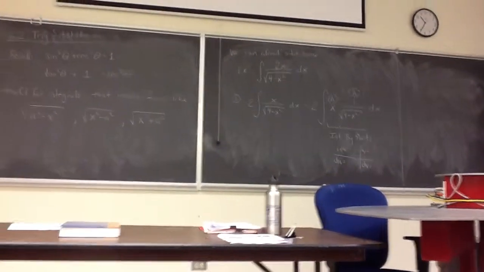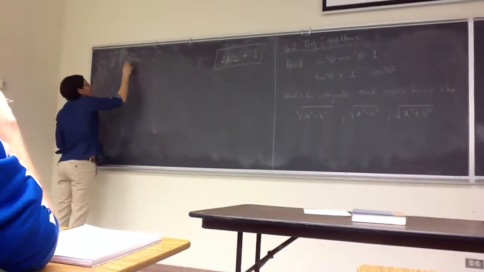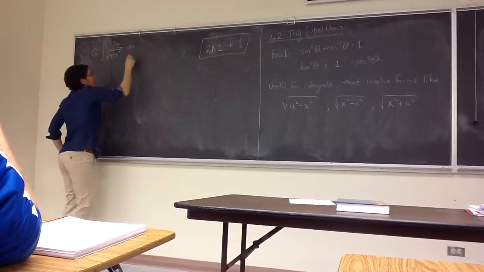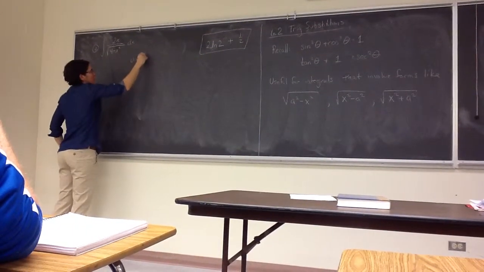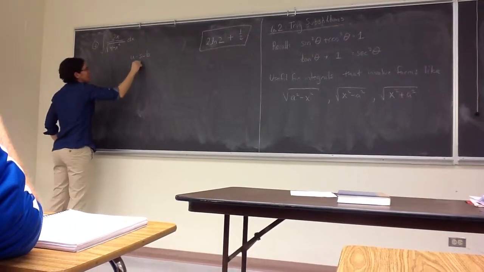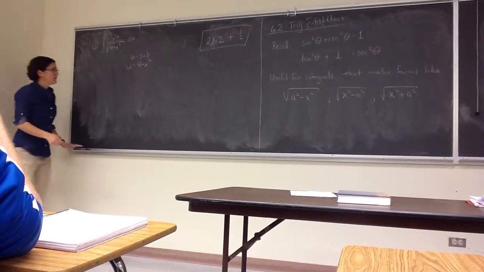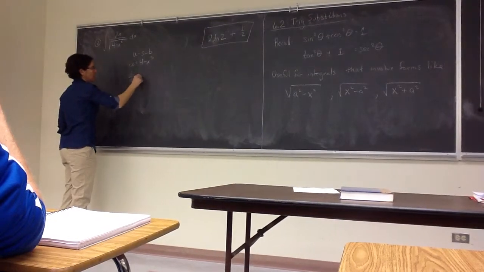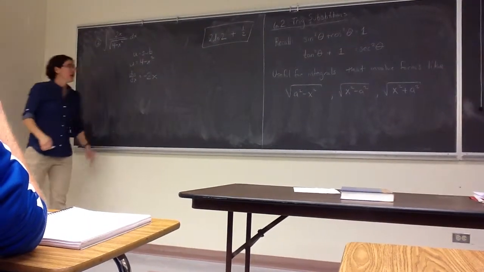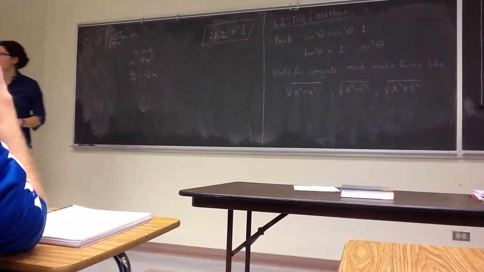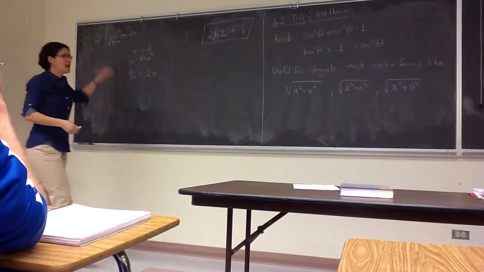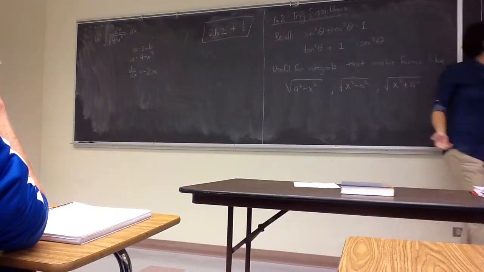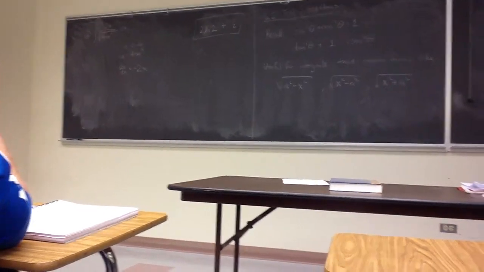So another option is 2x over the square root of 4 minus x squared dx, and so do a u sub and choose u to be 4 minus x squared. Our derivative would end up being negative 2x, and so that's going to help cancel our 2x in the numerator up there. And then we could clean that up as well. So we have two possible strategies. Good ideas, both of them.